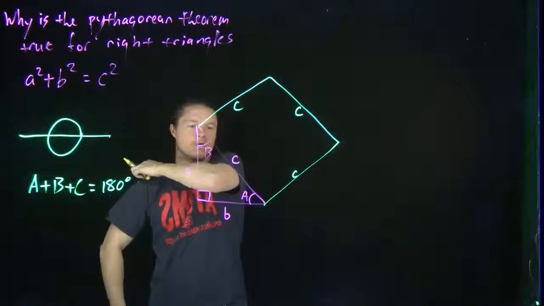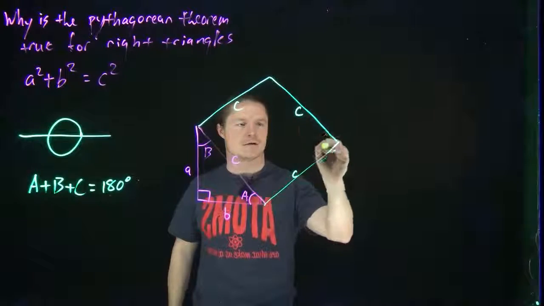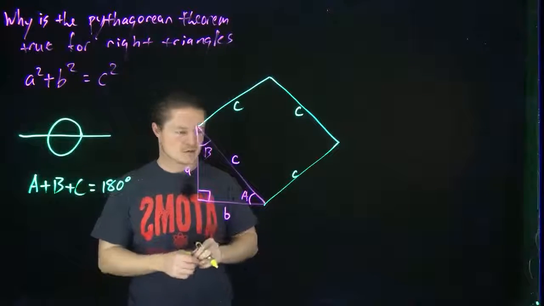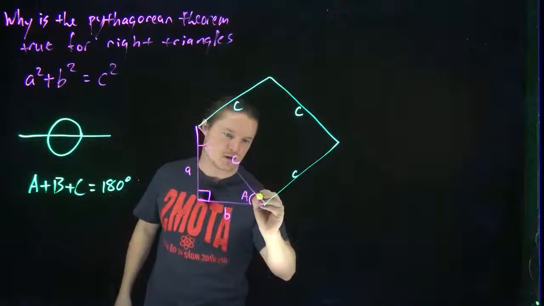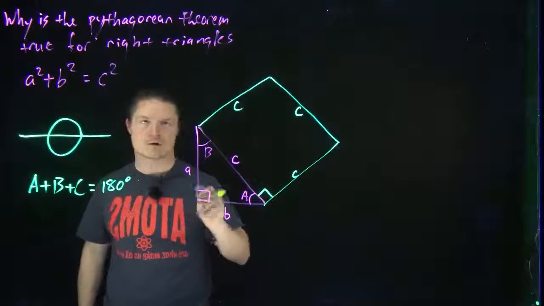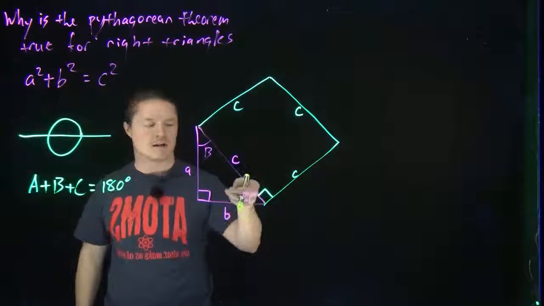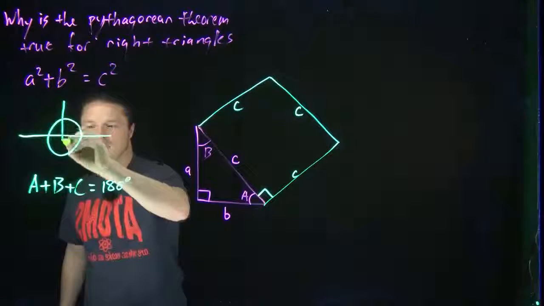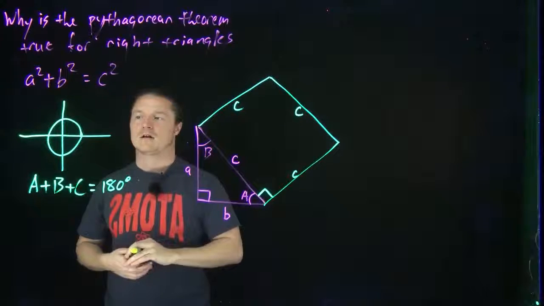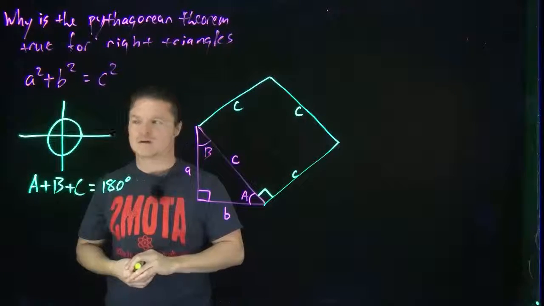Okay, what are the angles here of the square? Some of you might already know this, but one way you can convince yourself is that these are all going to be right angles. Now, why is it 90 degrees? Well, cut the circle in half this way now. A circle is 360 degrees.